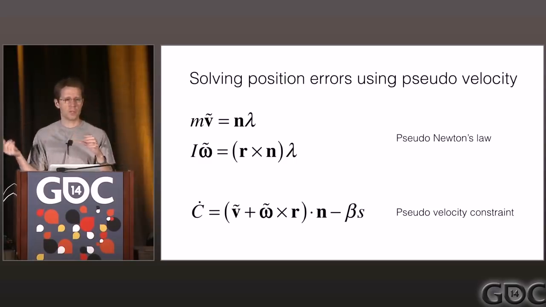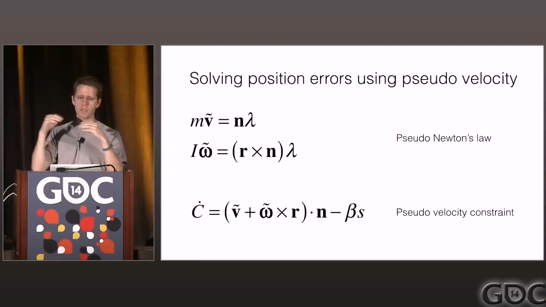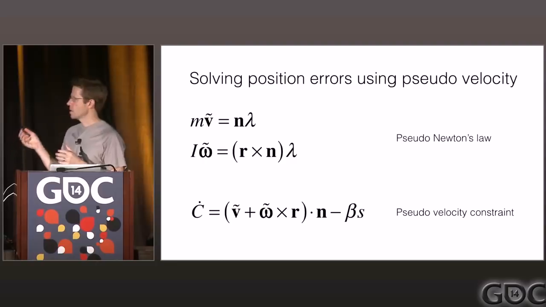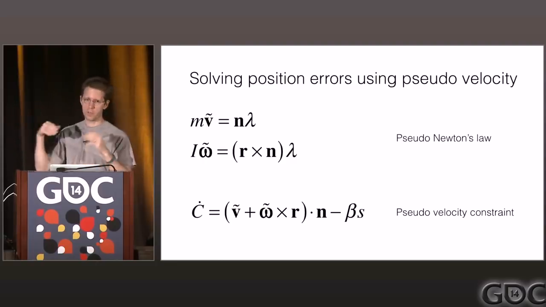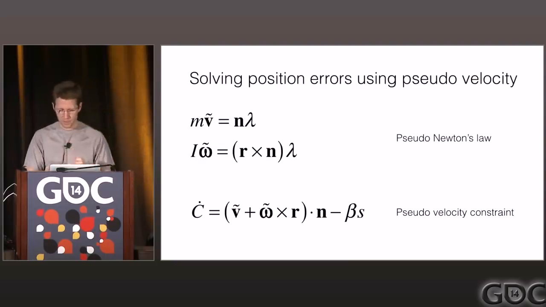Also, for those impulses, I don't need any warm starting, because if the position constraint is satisfied, then those pseudo impulses should be 0. There's no external loading, so when you've converged on the position overlap, those pseudo impulses go to 0. You also need to remove things like friction, other things that are only velocity dependent.